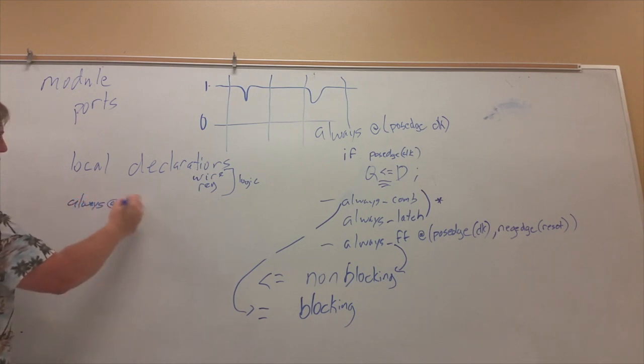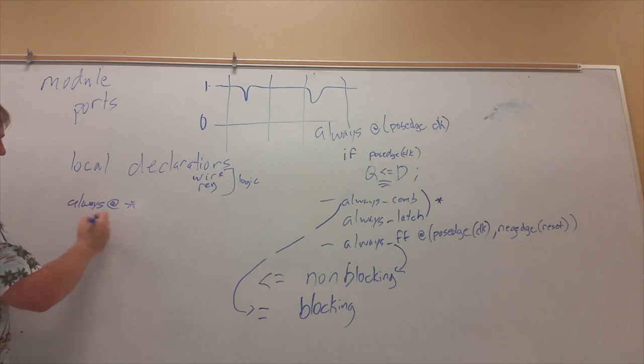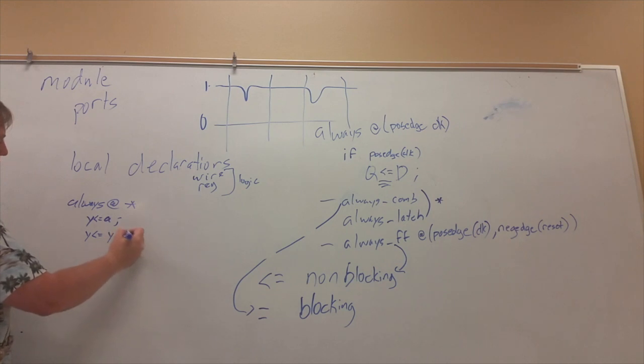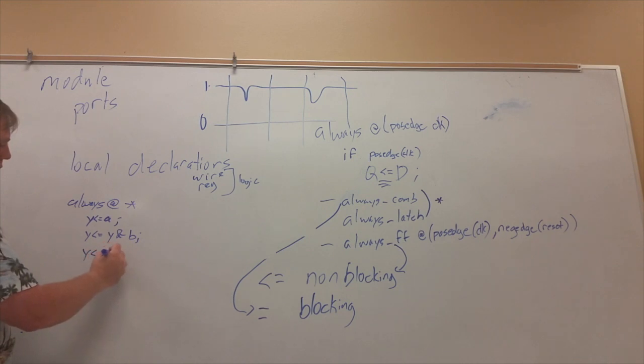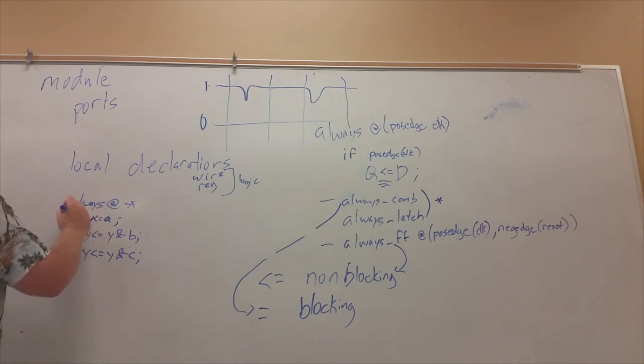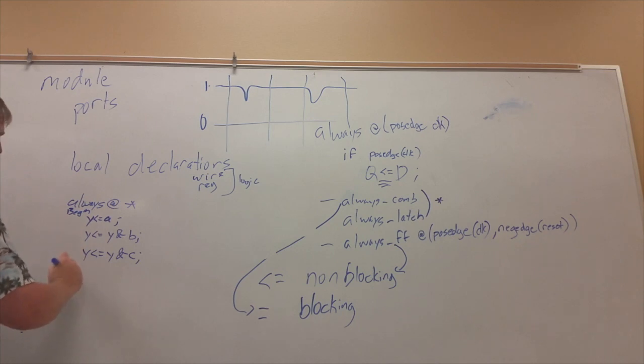So let me just do an old Verilog style, always at star, and I wanted to say that Y is equal to non-blocking assignment A. Y and B. And obviously I need to begin end here.